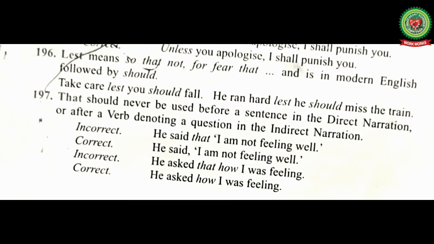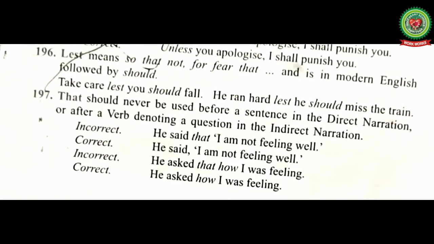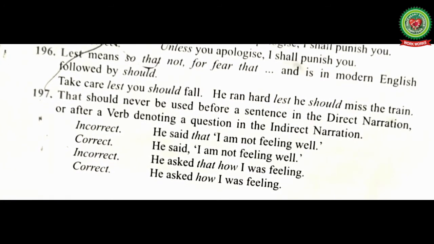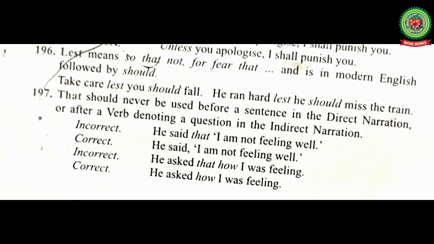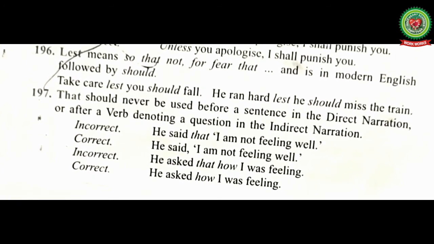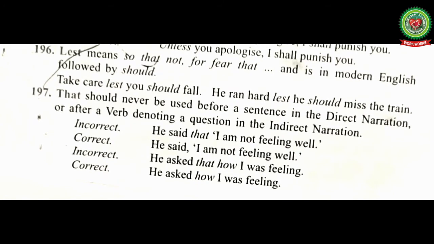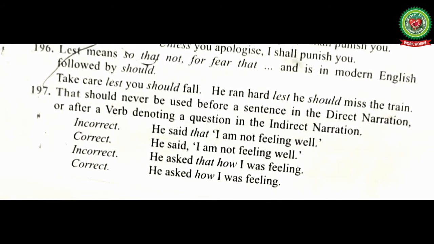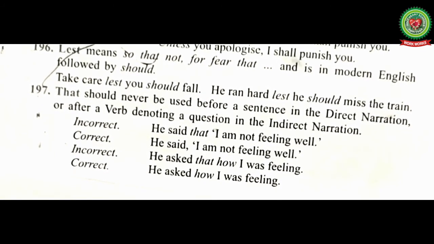This is incorrect statement. As I have explained to you earlier, that conjunction that should be used in place of inverted commas in indirect speech. The correct answer will be, he said, comma, inverted commas begin, I am not feeling well, full stop, commas closed.